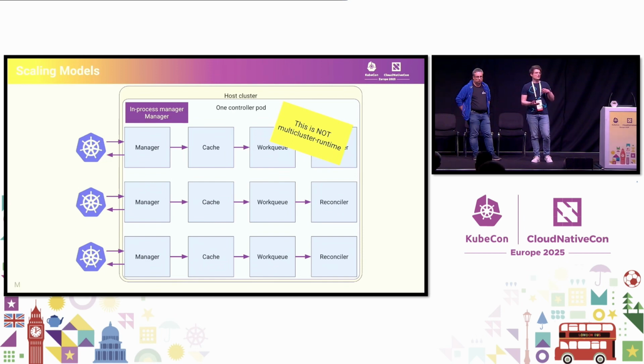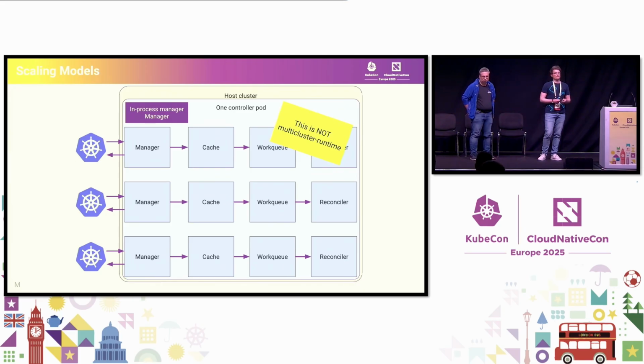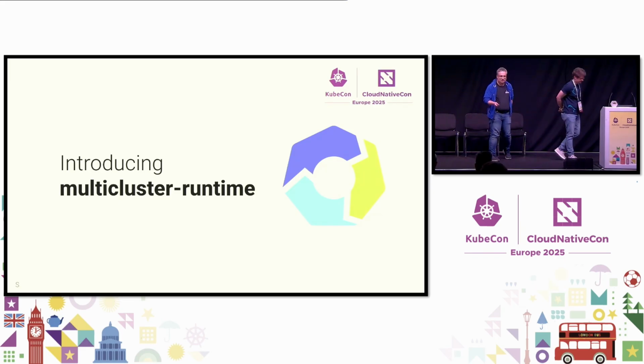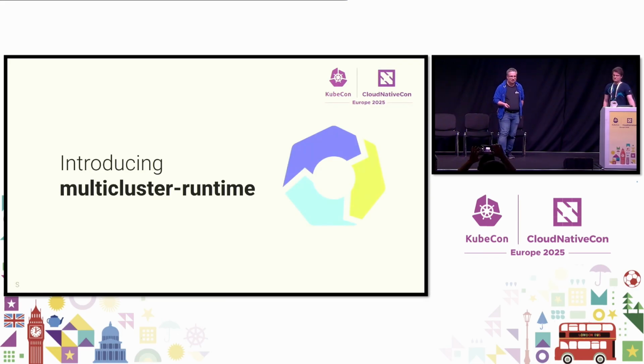So these are a couple of the scaling models that we've seen already, but we think that there's a way to make it more generic and to build a tighter integration with Controller-runtime. We mentioned the word on the slides already. There's a new project we introduced a couple of weeks ago, called multi-cluster runtime, and there's a reason it sounds like Controller-runtime.